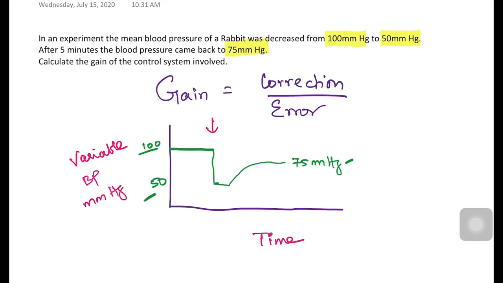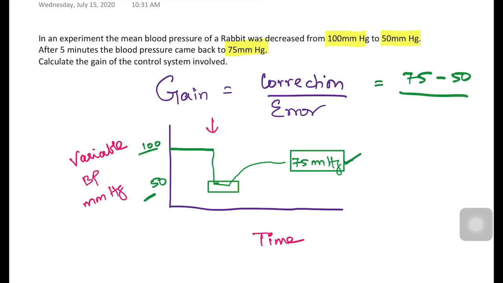Now there are two values we have to calculate: correction and error. Correction is the difference between the final value after the correction and the value before the correction. So the correction will be equal to 75 minus 50 millimeters of mercury, divided by error.